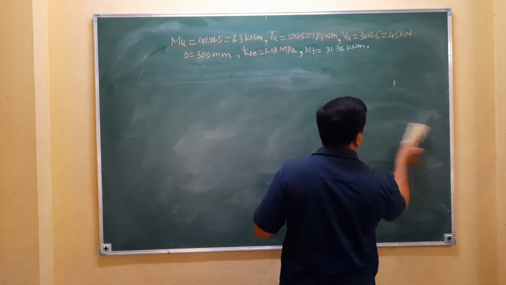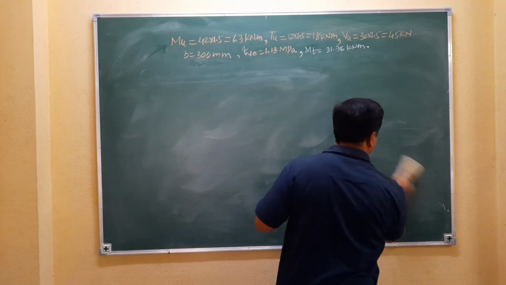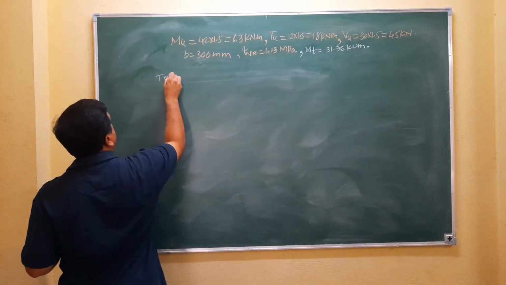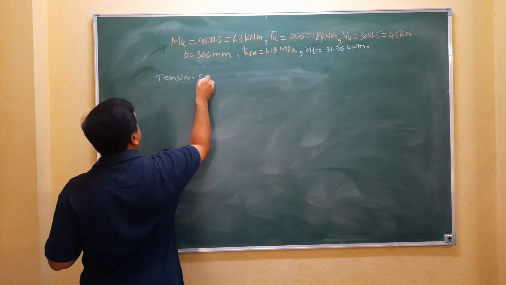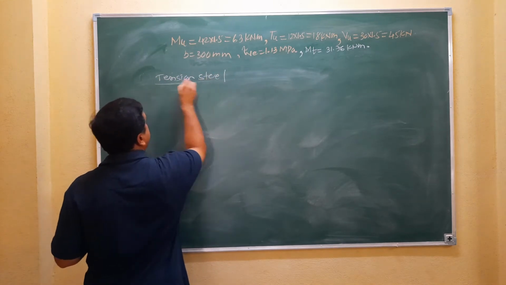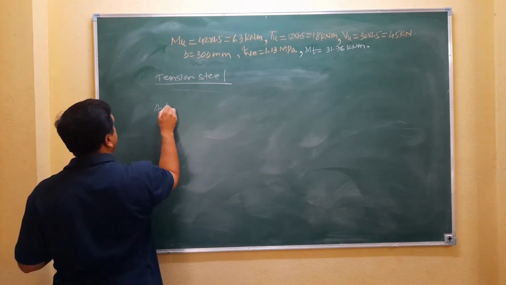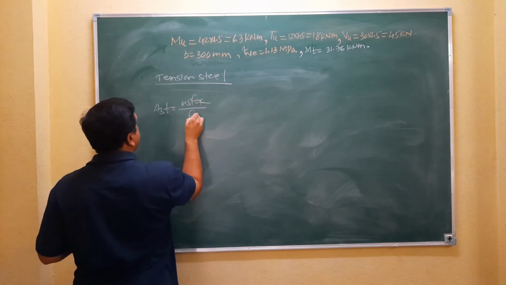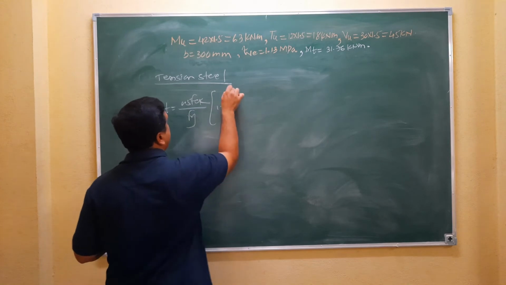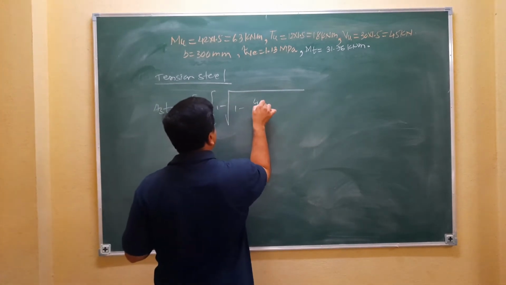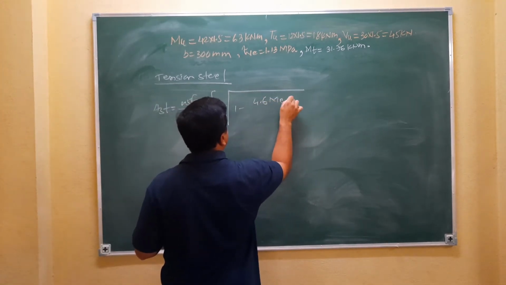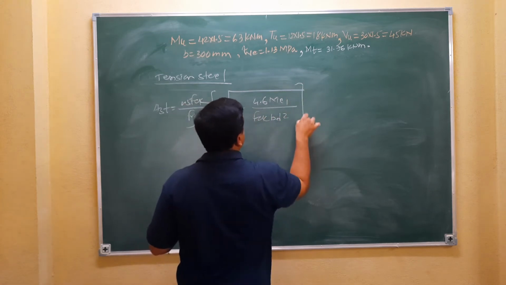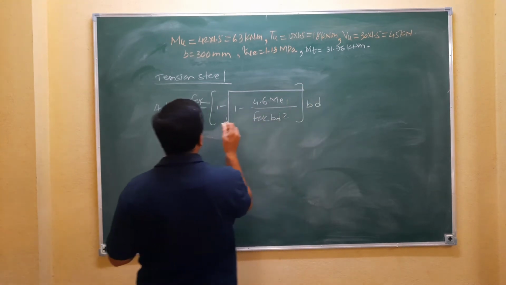So directly find out the steel. So tension steel. You have to use that AST formula. AST is equal to 0.5 FCK divided by FY into bracket 1 minus under root of 1 minus 4.6 ME1 divided by FCK BD square into BD.